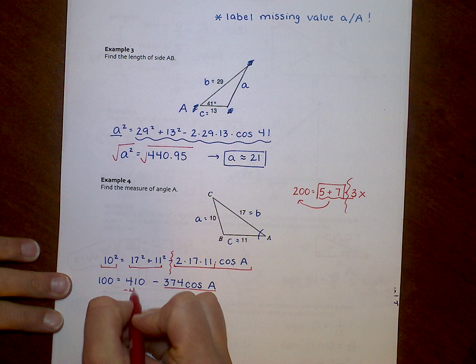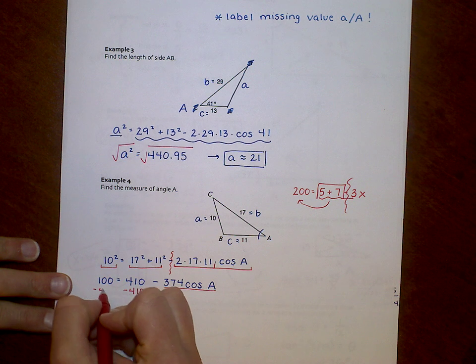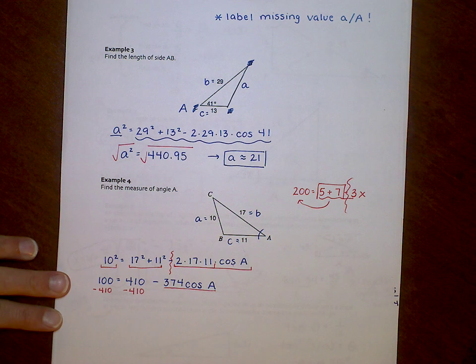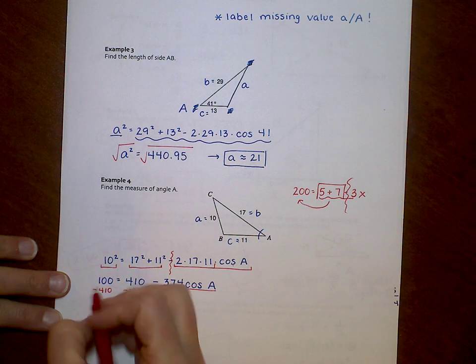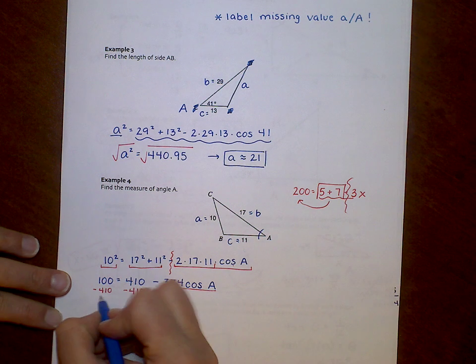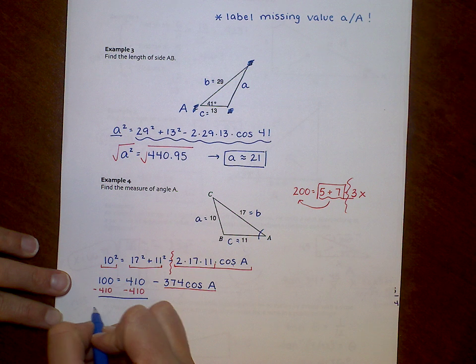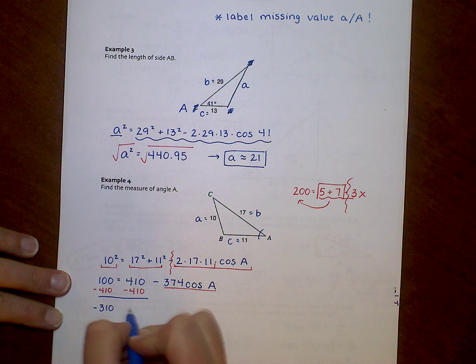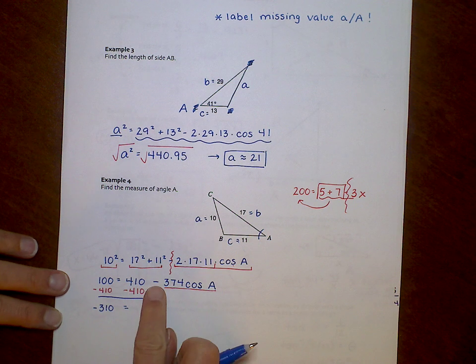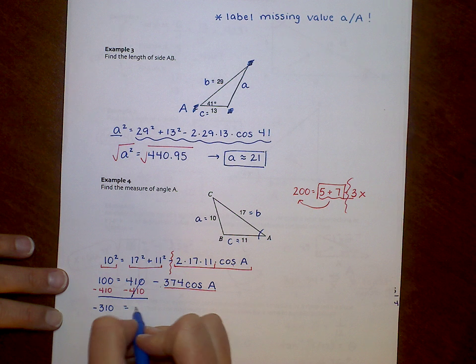So I'm going to subtract 410 minus 410. So I'll make sure I don't mess up my negative here. Okay, that's what I thought, negative 310. Didn't want my mental math to derail us here. Don't lose sight of the fact that this is a negative 374.